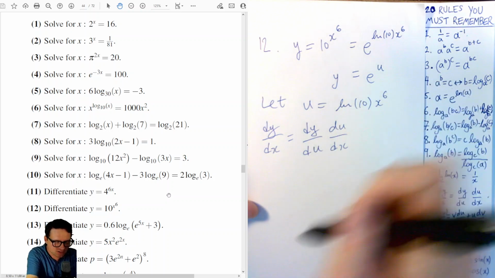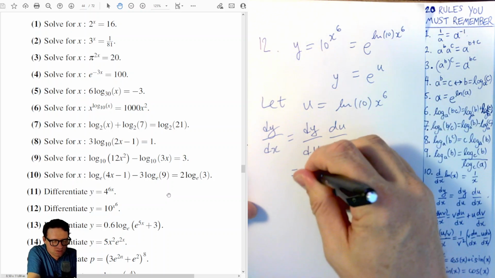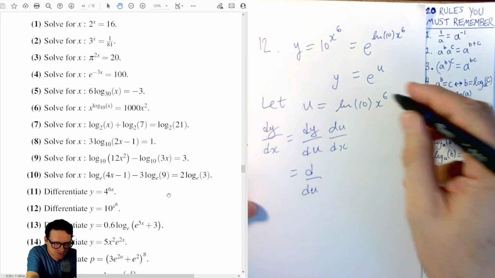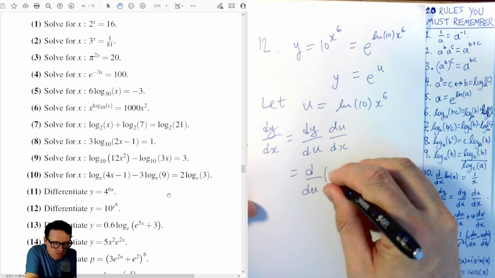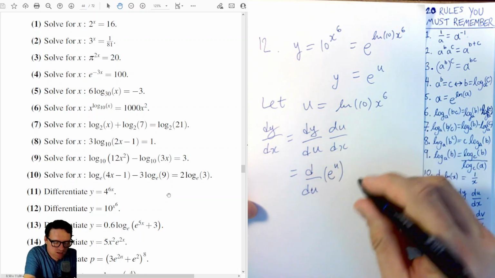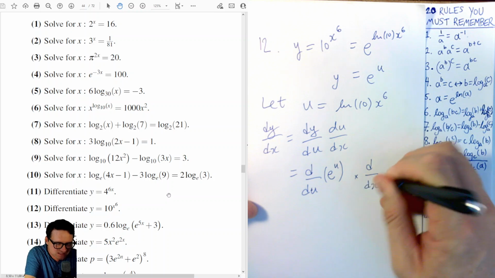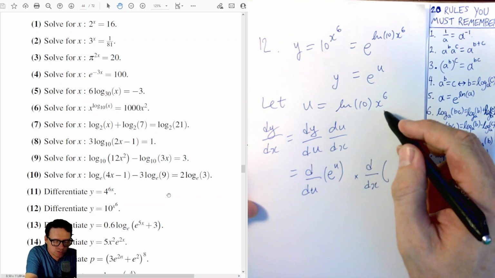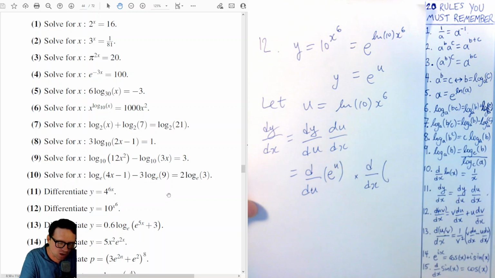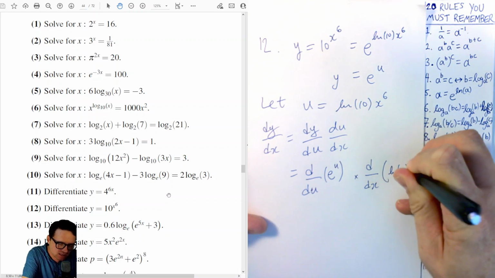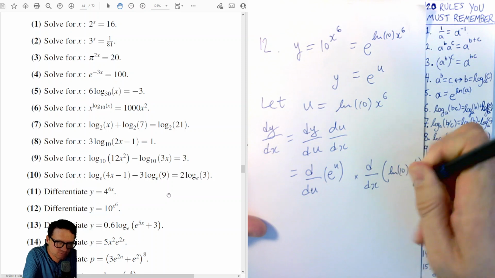Now y is a function of u, so next we want to differentiate, so let's think of these as differential operators operating on that y, which is e to the u, and then multiply the result by the derivative with respect to x of u, but we want to express u now as a function of x. So ln 10 times x to the power of 6.